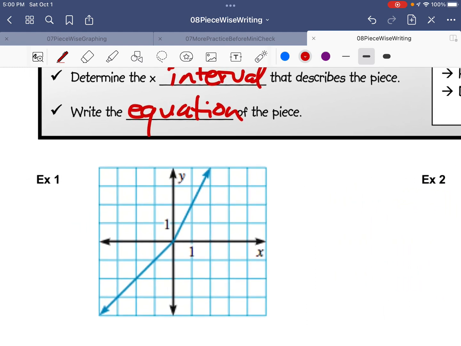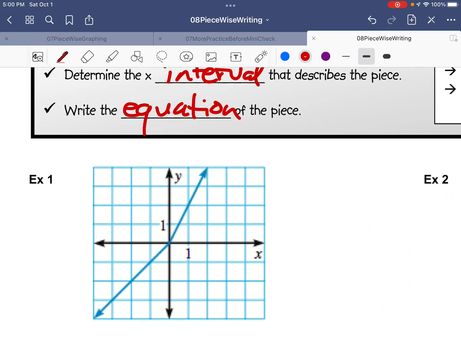Let's try another one. There are definitely two pieces in this problem. You want to focus on this one right here first. It doesn't matter. Now, when you focus on this piece, you might deduce that the slope is 1. You may notice that the starting point or end point, whatever you want to call it, is at x equals 0.